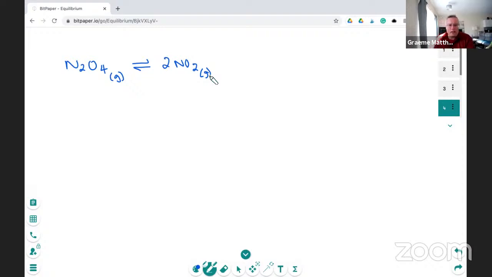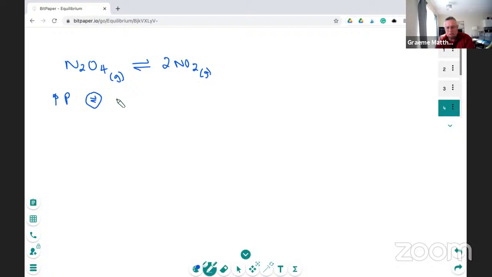So this one is the classic: dinitrogen tetroxide going to nitrogen dioxide. If you increase the pressure, this is easy. I've got 2 moles of gas on this side, 1 mole of gas on this side. It's a dynamic equilibrium, homogeneous, assumed closed system.